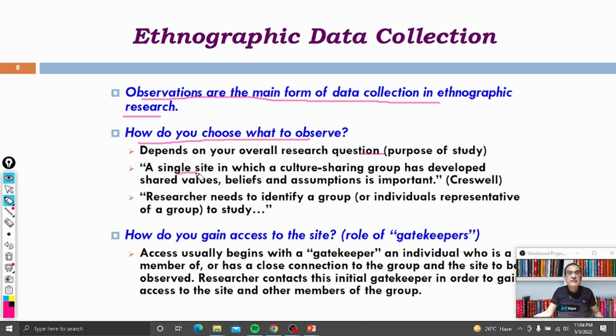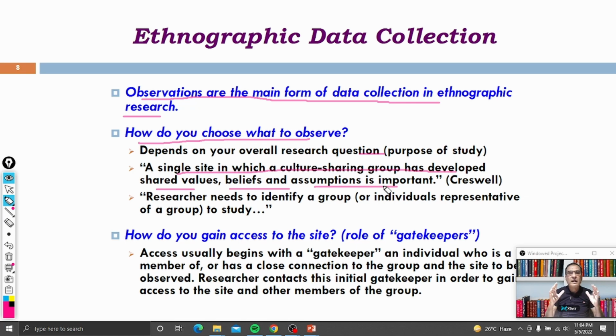A single site in which a culture-sharing group has developed shared values, beliefs, and assumptions is important. I would like to share an example.